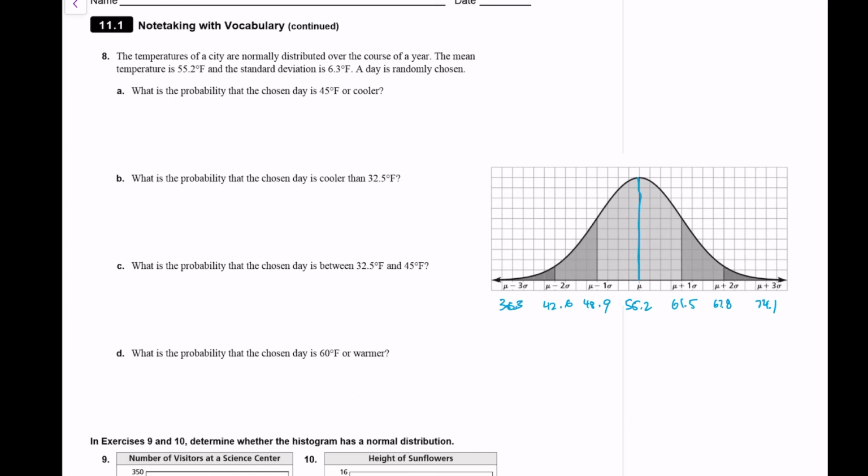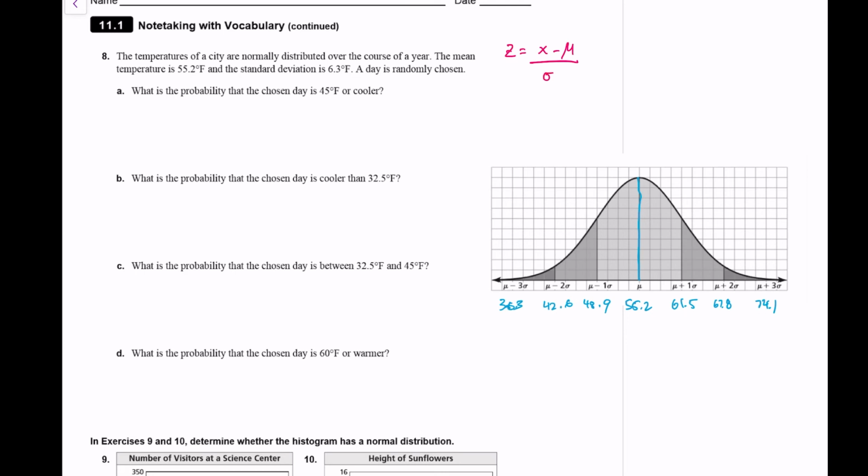What we need to do is figure out what our z-score is. The score that we have is not nicely or evenly lined up with our standard deviation. So our z-score is going to be where z is equal to x minus the mean, divided by the standard deviation.